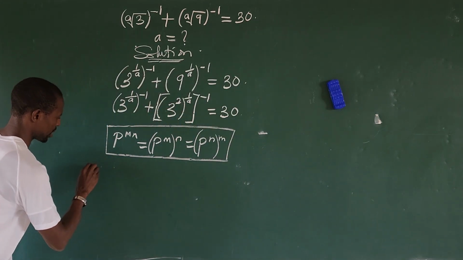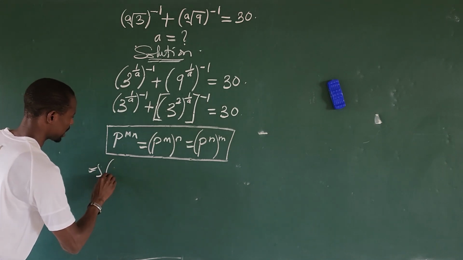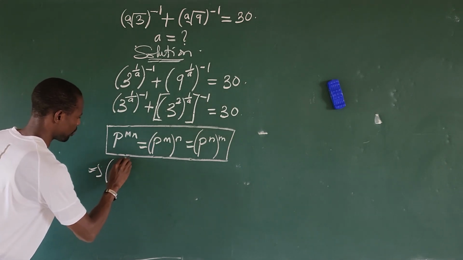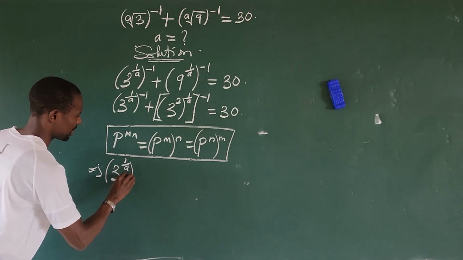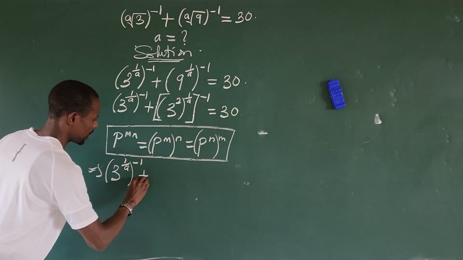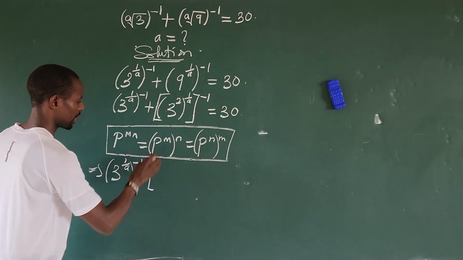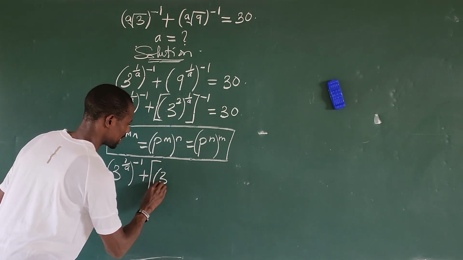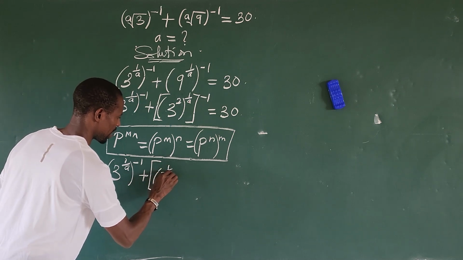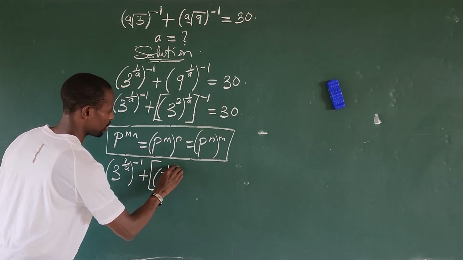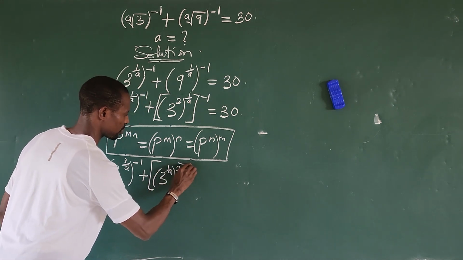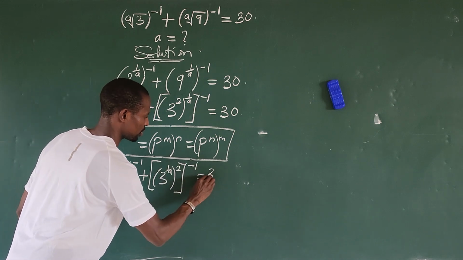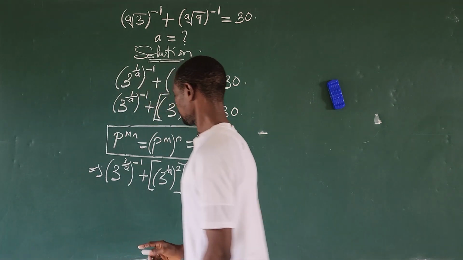So this now implies (3^(1/A))^(-1) plus [(3^(1/A))^2]^(-1) equal to 30. Good.